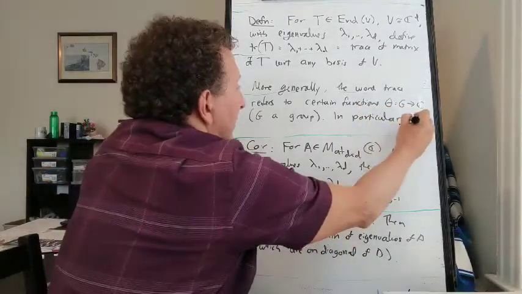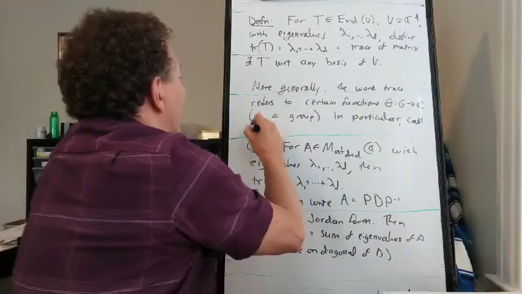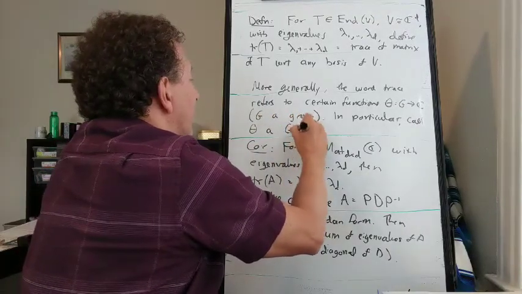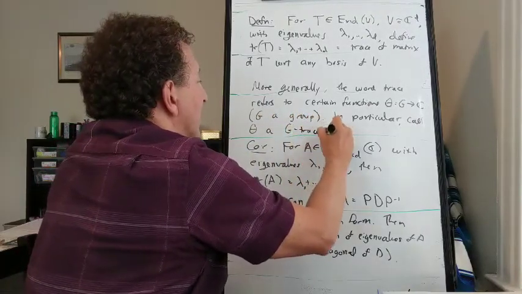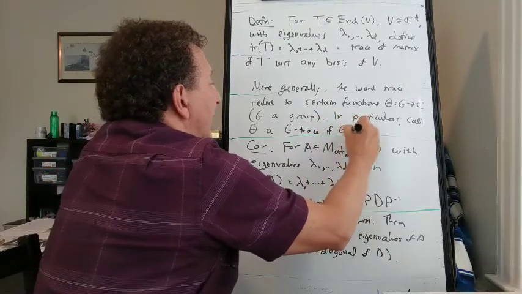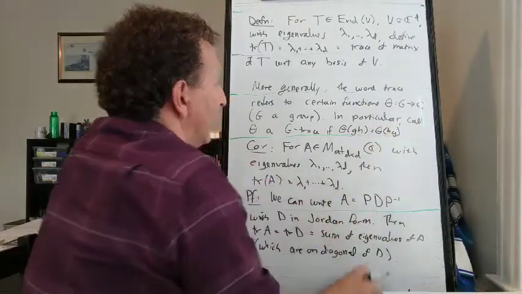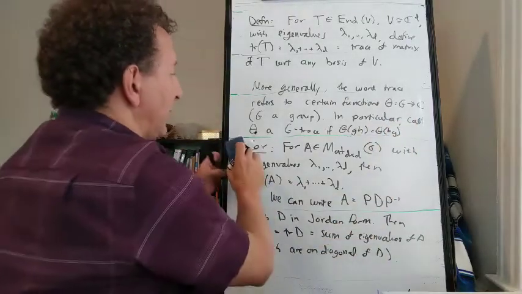So in particular, we'll call theta a trace function of G, or a G trace, if theta of GH equals theta of HG for all H and G in the group G.